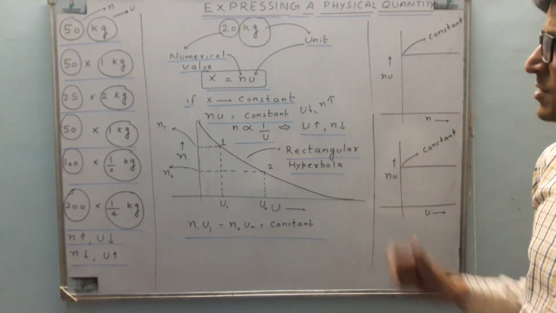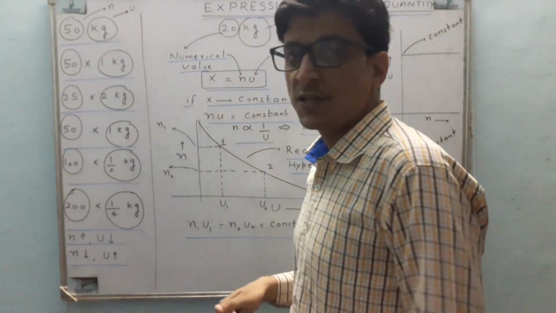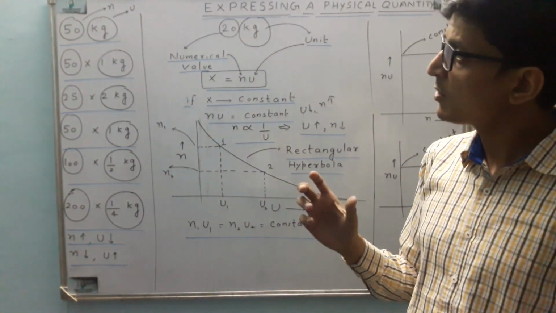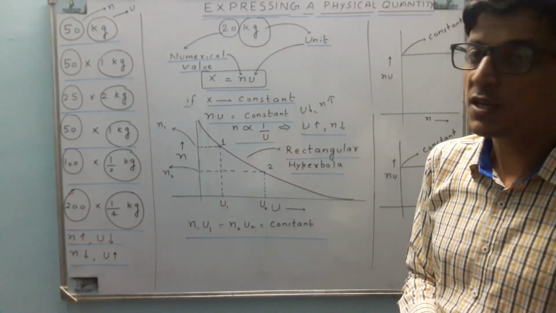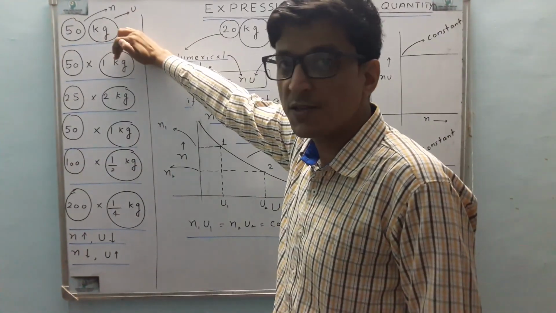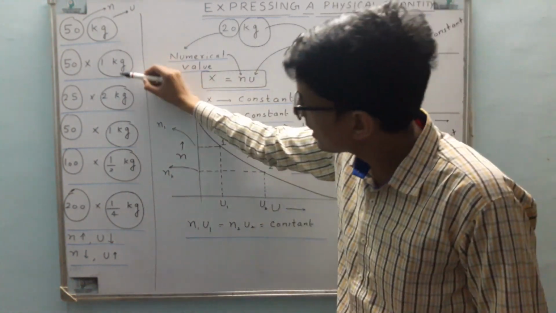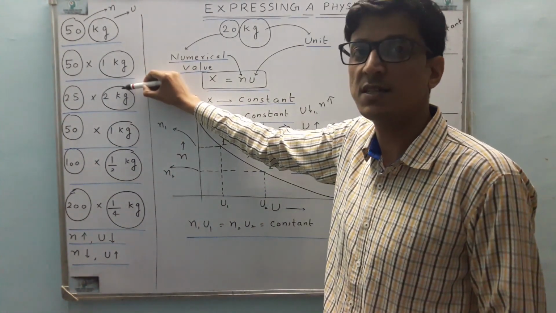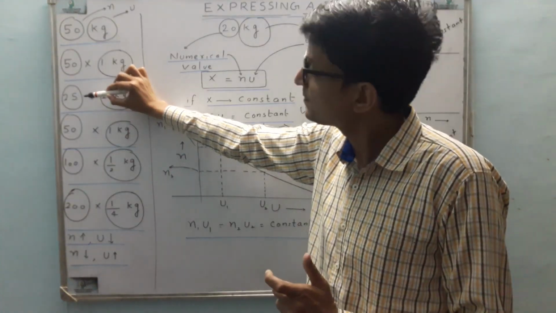Let's look at this matter through another dimension. Suppose we have written 50 kg. So let's see the impact of changing the unit on the numerical value for a constant amount of physical quantity. So 50 kg can be written as 50 into 1 kg or 25 into 2 kg. So you see that if I increase the unit size, then the numerical value decreases in the same proportion.